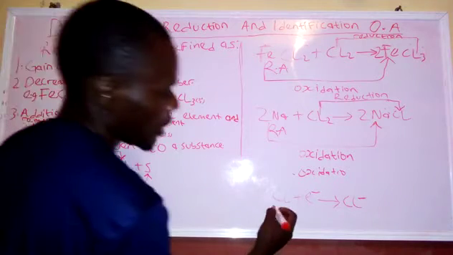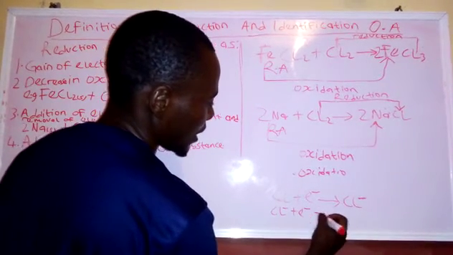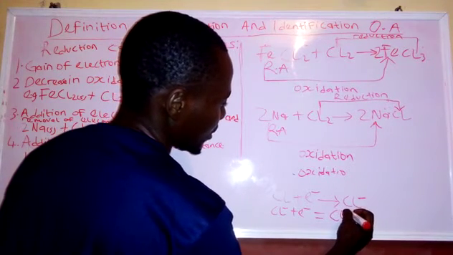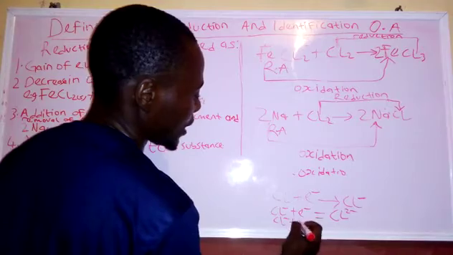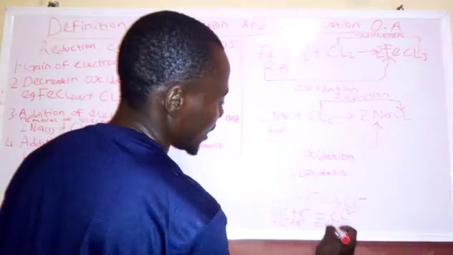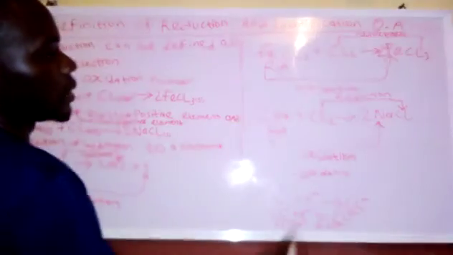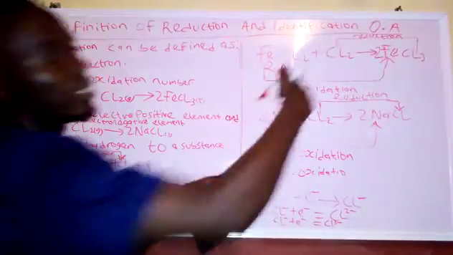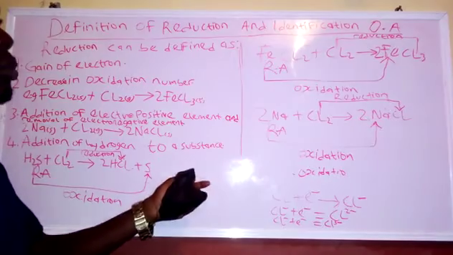Now, Cl negative plus e negative gives Cl2 negative. Cl negative plus e negative again gives Cl3 negative. So that's actually what happens here. That's why the charge here is minus 3. It actually gains 3 electrons. Are you getting it? It actually gains 3 electrons.